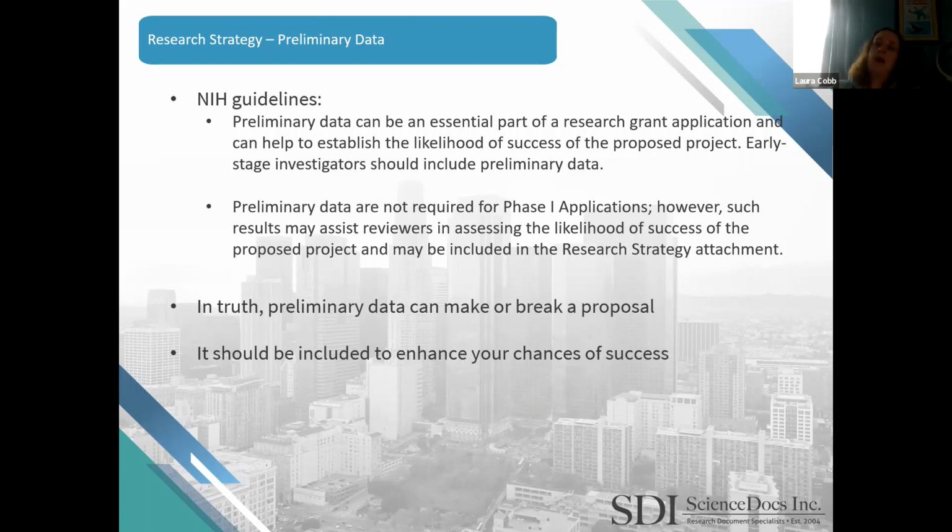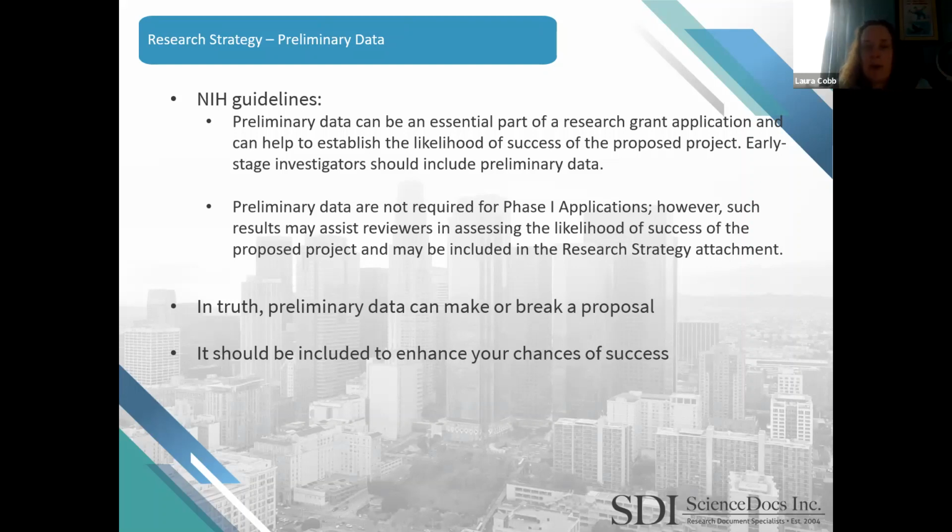For example, if you're proposing a completely new technology or approach, you would want to include a little bit of preliminary data just to reassure reviewers that what you're doing is feasible and not just completely out there. They have to believe that you can actually do what you're saying that you can do.